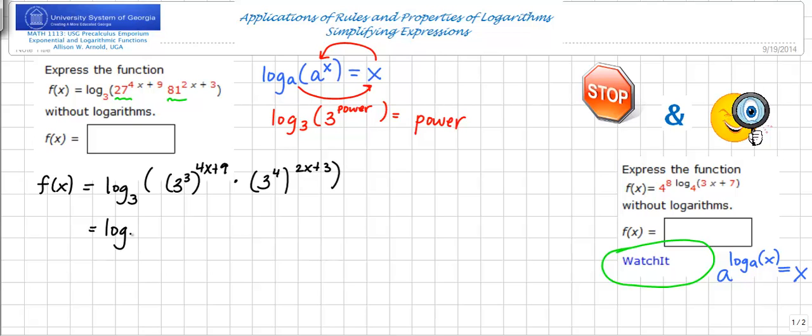Okay, right now I'm following my nose with rules of exponents. Power to a power, I multiply exponents. So I'd have 3 times the quantity 4x plus 9, which gives me 3 to the 12x plus 27. And then 3 to the fourth to the power 2x plus 3 gives me 3 to the 8x plus 12. And 3 to a power times 3 to a power would mean that we add the exponents.